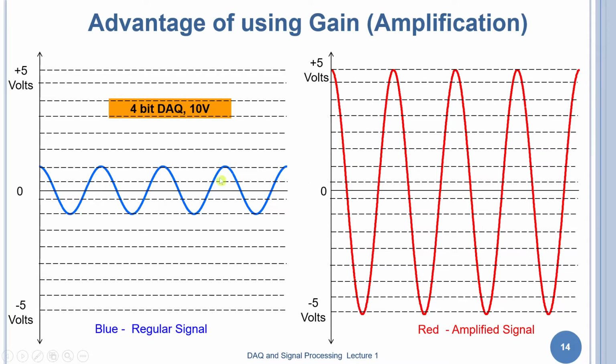If you compare across these two signals, this has only 4 levels of information, whereas this has 16 levels of information. When you store an amplified signal and still divide by the gain, you will still get 16 levels, whereas without using gain you only got 4 levels. This helps in representing your signal in a better way.